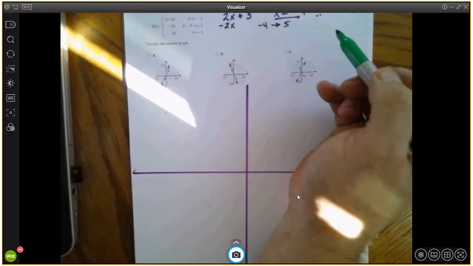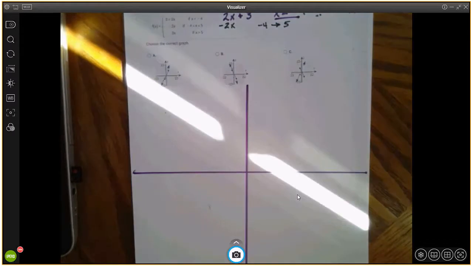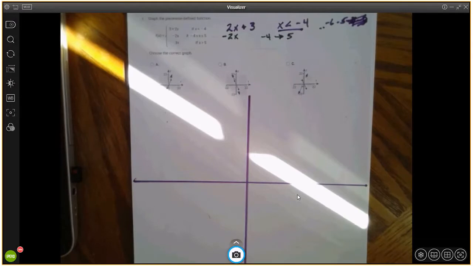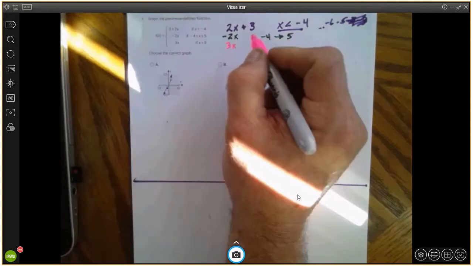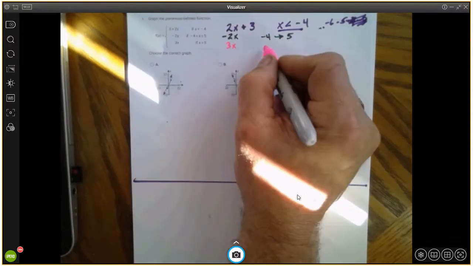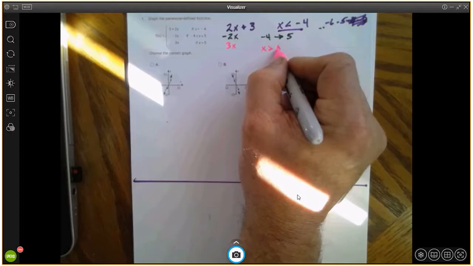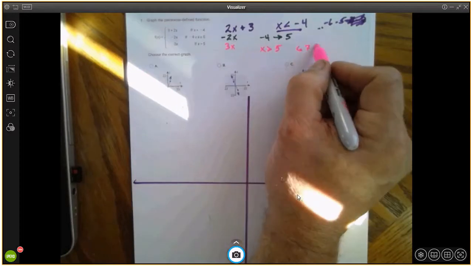The only x values you can use are from -4 to +5. All right? And the third one, we'll do in that pink again, is 3x, and you can only use numbers that are greater than 5. So you can only use 6, 7, 8, 9, and so on.